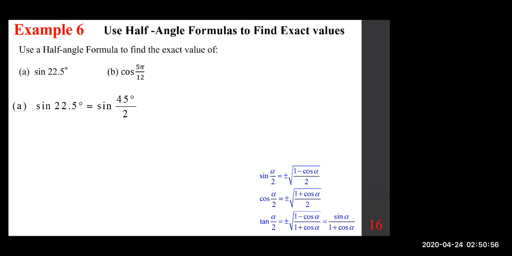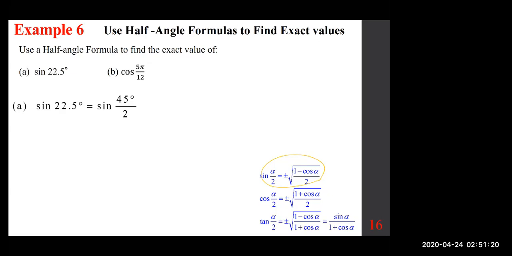And so you want the sine. So you're going to use this formula. Are you going to use positive or negative, class? Which one? 22.5 degrees is in the first quadrant.